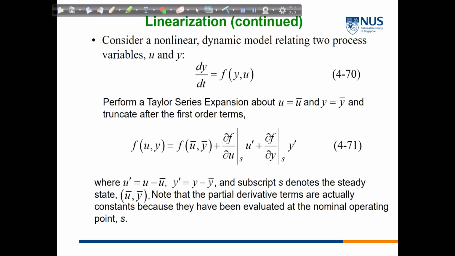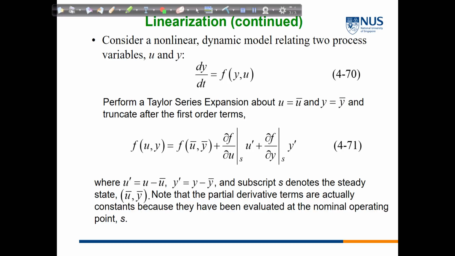Here this prime term u prime is defined as u minus u bar, y prime equals y minus y bar, and the subscript s denotes a steady state value, which is u bar, y bar. So here the partial derivative terms are constants because they have been evaluated at the nominal operating point, the steady state point already. So they're actually just constants or just some numbers.